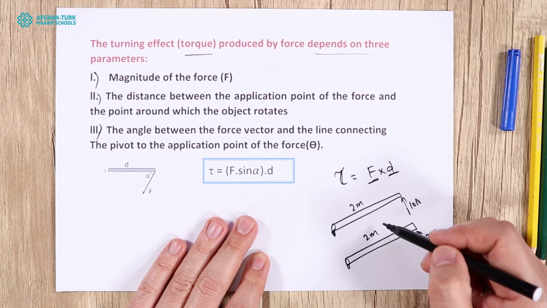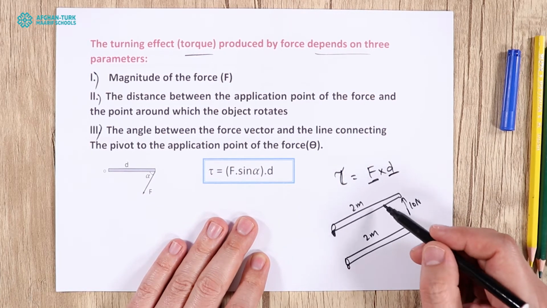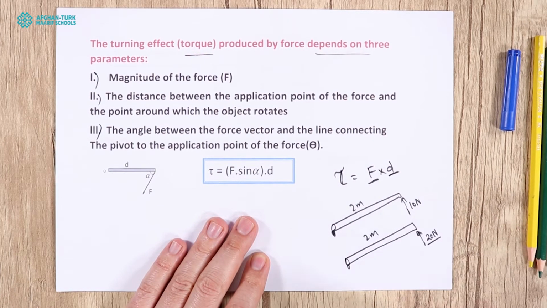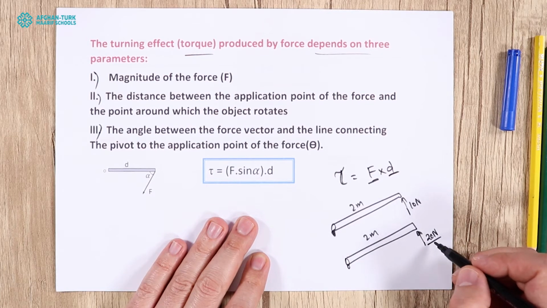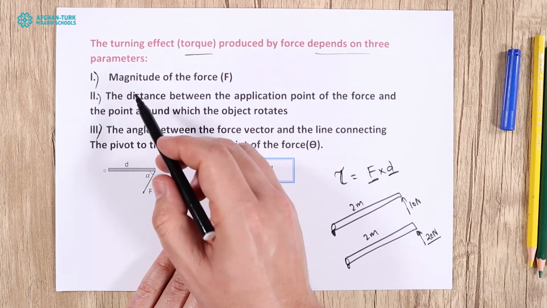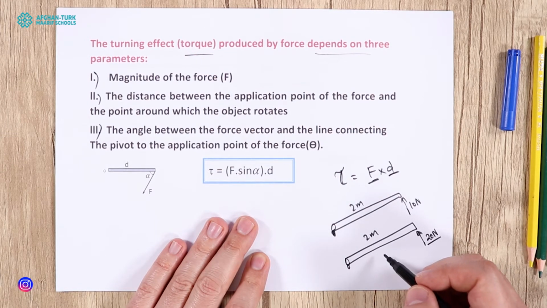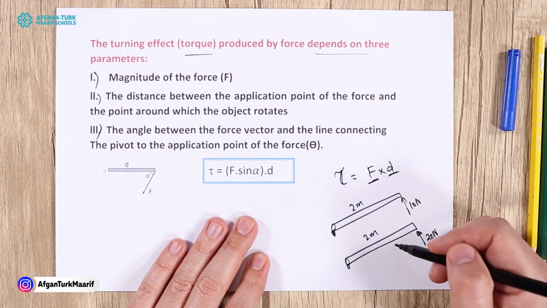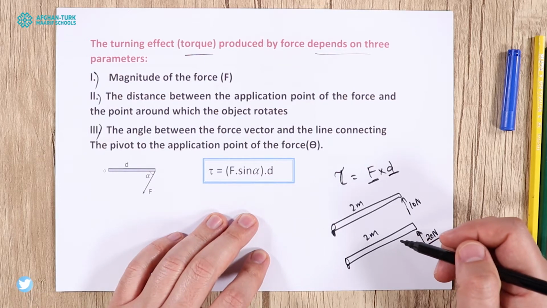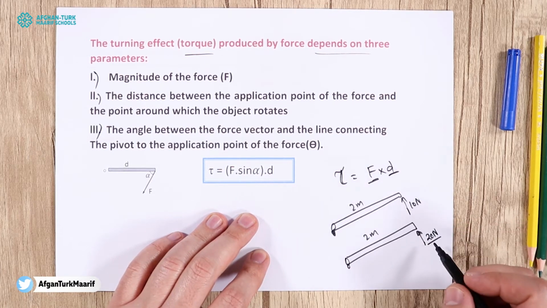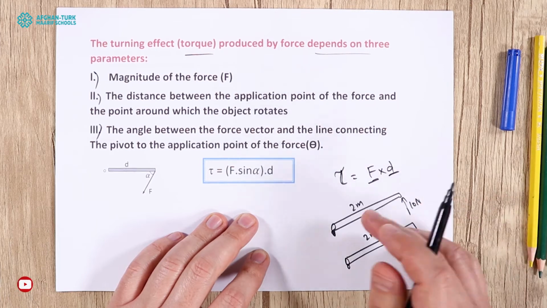In which lever is more torque produced? Definitely this one, because we increase the force here. So if we increase the magnitude of force, the torque or turn will also increase because of the force or distance as well.